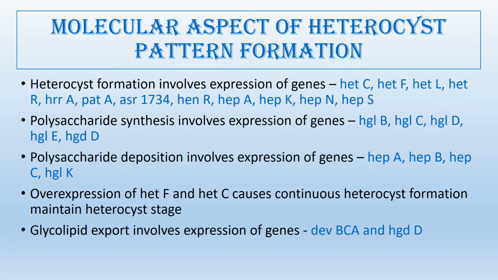We are just going to talk about the very important genes, for example, HETC, HETF, HETL, HETR, HRRA, PATA, ASR1734, HENR, HEPA, HEPK, HEPN, HEPS. Now among these, the most important is HETR.